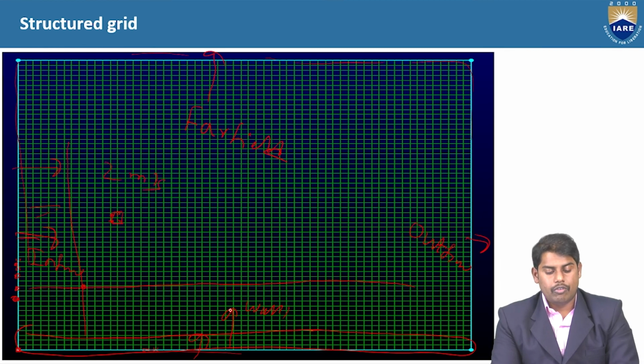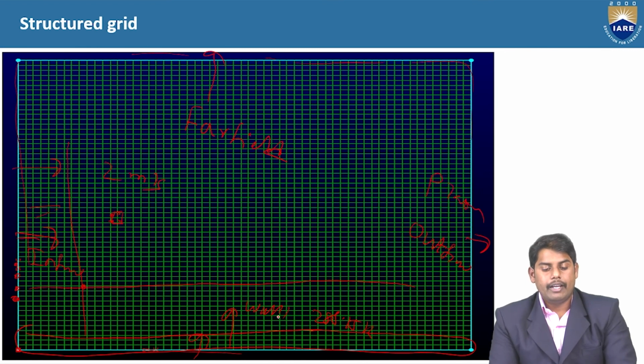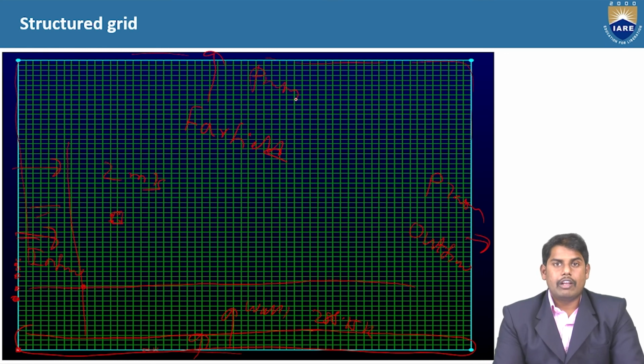This wall is at 288.15 Kelvin temperature. Outside is 1 atmospheric pressure, and here also you have 1 atmosphere pressure. These conditions we will apply for the domain, and we will see how the flow behaves.